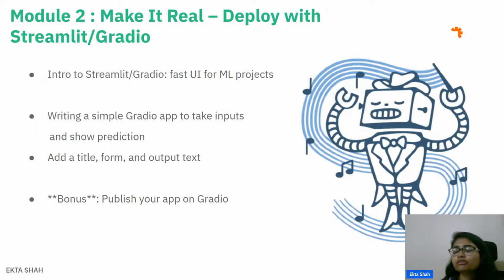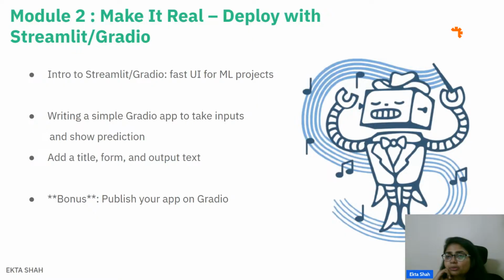I don't know how many of you have used Streamlit, Gradio, Flask, Django, or APIs, but those are mechanisms through which you can deploy your code. We'll see some simple things to see how we can deploy this particular model that we've created for the Iris dataset on a usable UI interface.